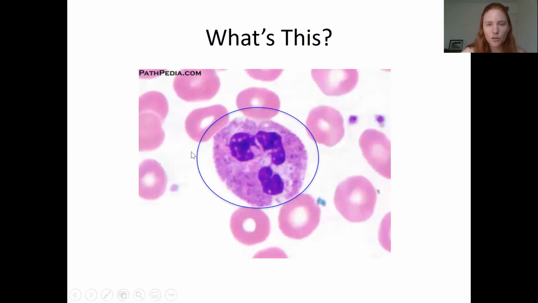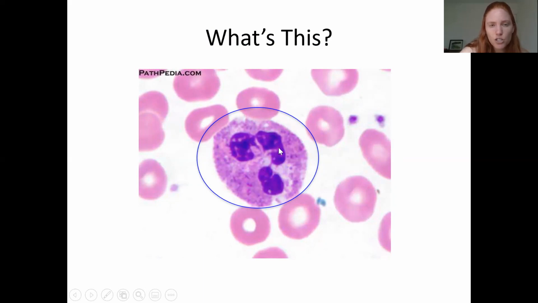So what is this one here? Okay, so all of these on the side are erythrocytes, red blood cells. This one in the circle here does have some little granules, so it's one of the granulocytes, but those granules are not very obvious, not very dark staining, so it's not a basophil and it's not an eosinophil. And so the next thing to look at is the nucleus.